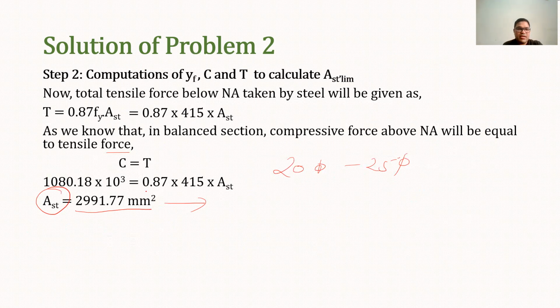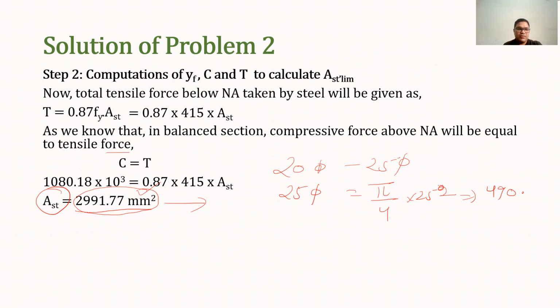As the area of steel is very large, we have to take large dia of bar so that we have an optimal number of bars. At the same time, the area of steel provided should be around this value. For example, if we assume 25 mm dia bar, then the area of cross section of this bar will be around 490.